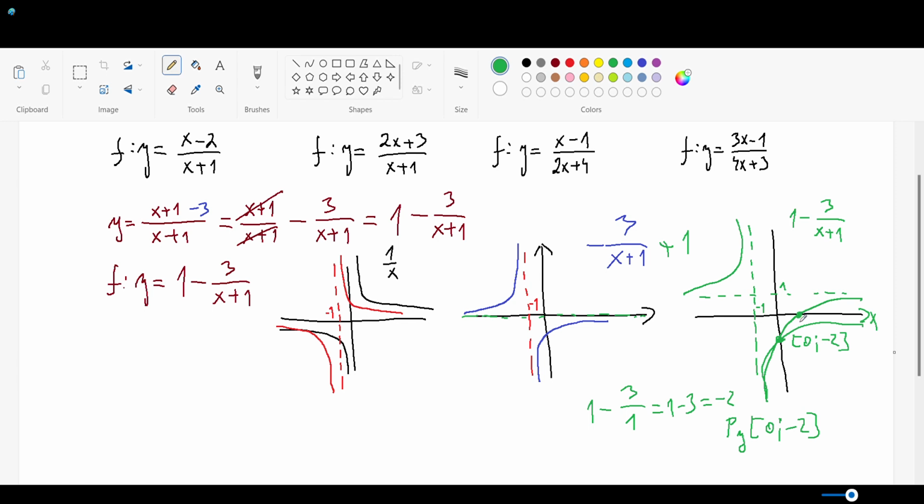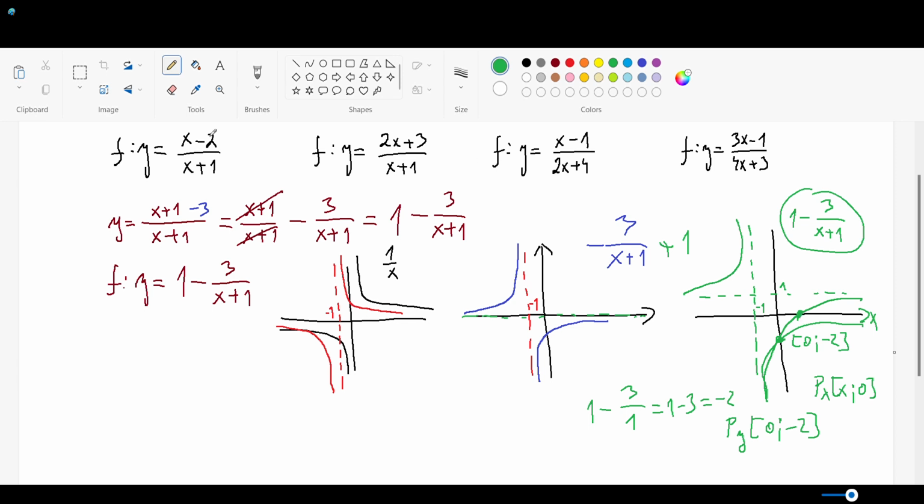So maybe it makes sense to find the coordinates of the intercept with the x-axis, which you can do, and I'm not going to show this in this video because it is not very important and not in the scope of the video. You can find for which x the value of this function is equal to 0, and if you find it, you can identify this point.